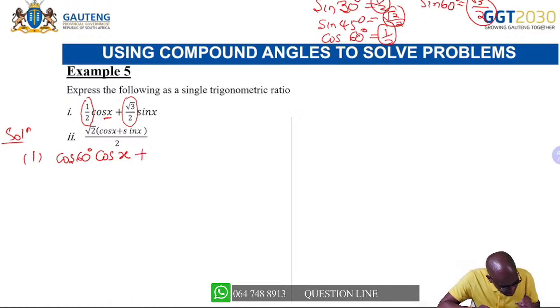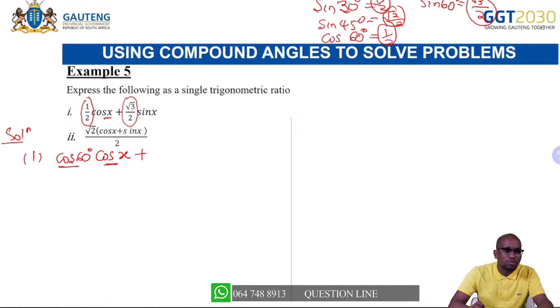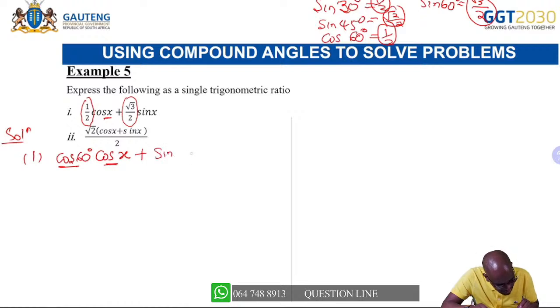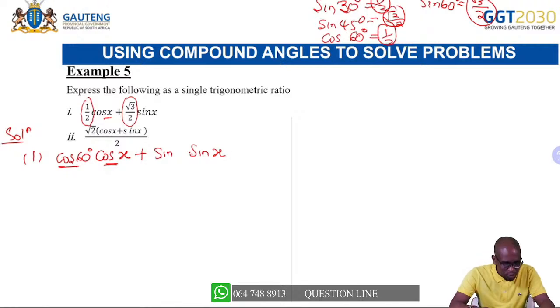Now, plus, I've written this as cos, which means that in order for me to condense, the next part should be written as the sine of an angle times the sine of x. Which angle can I have? √3/2 is the sine of 60, like that.